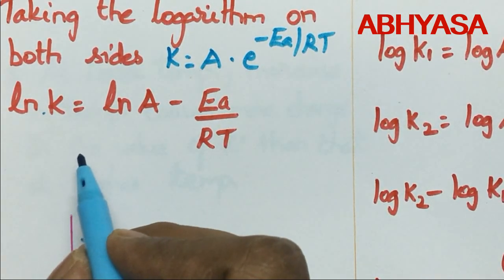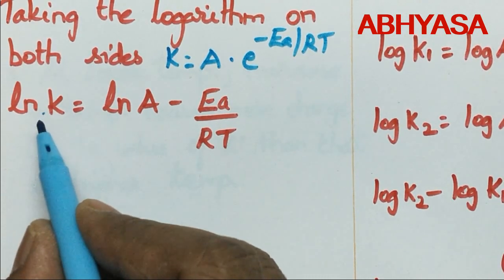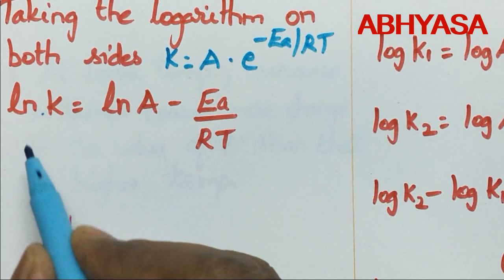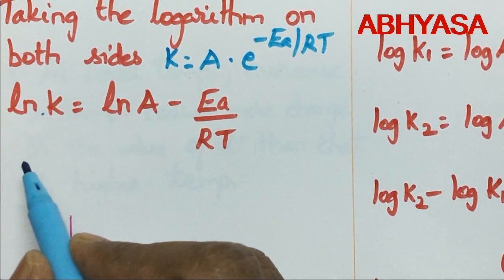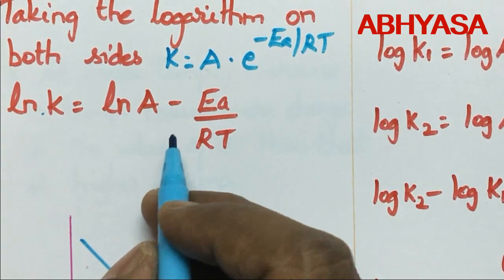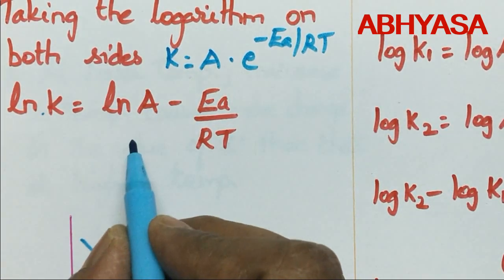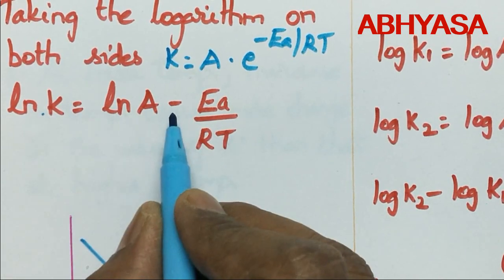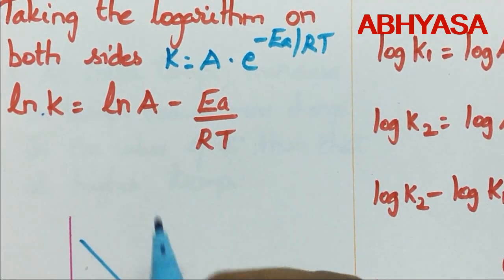So even though I am spelling it as log, I am writing it as ln. It means when we write ln, it is log base e. Remember, when we write ln, it is log base e. So the Arrhenius equation in the logarithmic form becomes ln K equal to ln A minus EA by RT.